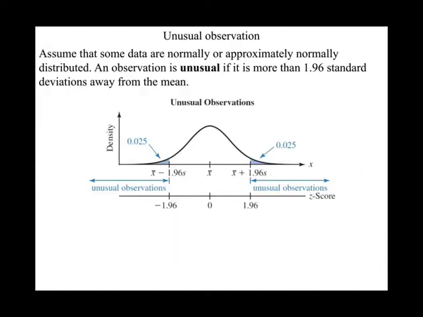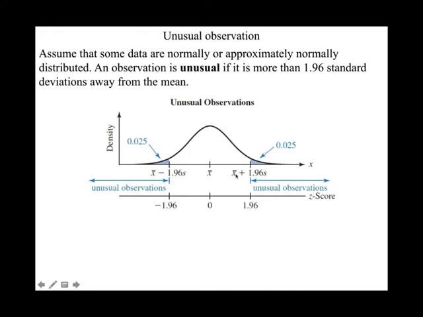Unusual observation. Assume that some data are normally or approximately normally distributed. An observation is unusual if it is more than 1.96 standard deviations away from the mean. So we consider this a normal distribution, with the sample mean in the middle.